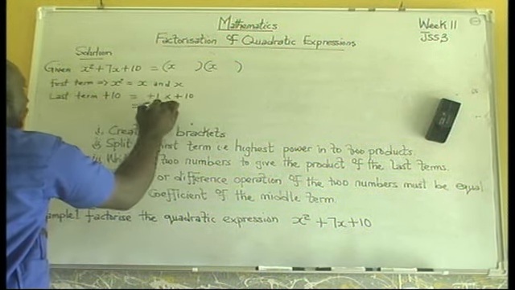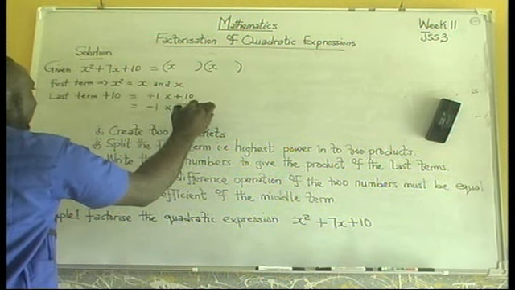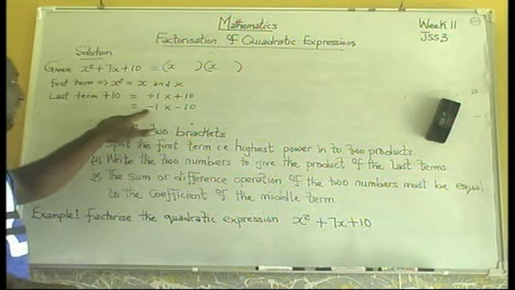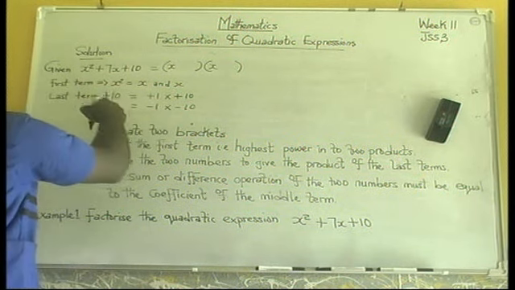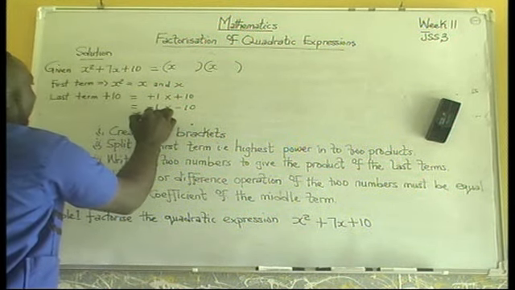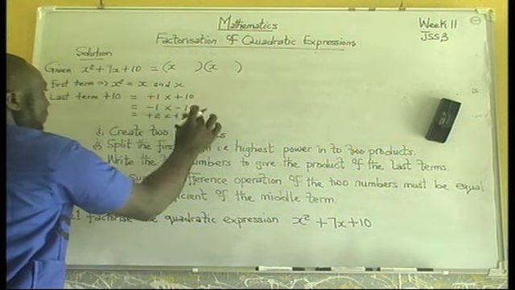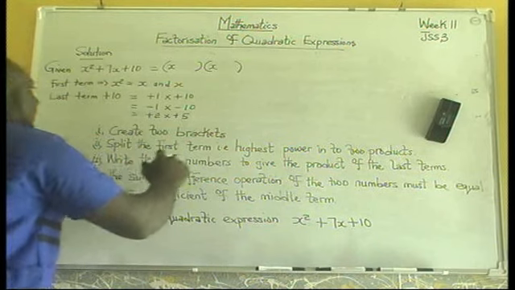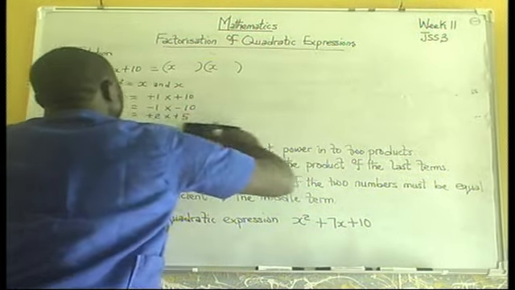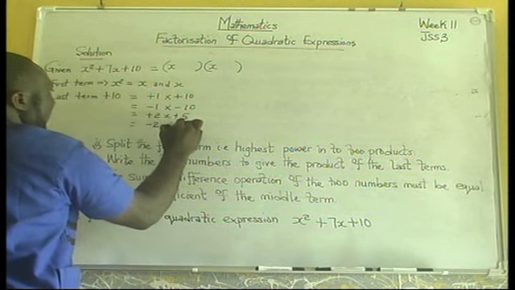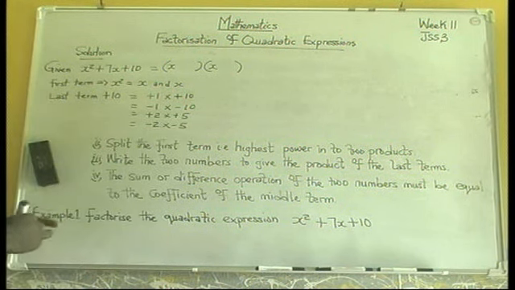Also minus 1 times minus 10, because plus 1 times plus 10 gives plus 10, and minus 1 times minus 10 gives plus 10. Let's check plus 2 times plus 5 to give us plus 10. Also minus 2 times minus 5 will give us plus 10.